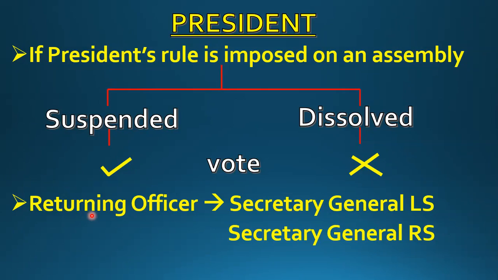And in state legislative assembly elections, SDM is the returning officer. So the DM is the officer in charge of conducting the entire election in his constituency. Similarly, in legislative assembly elections, the SDM is the officer in charge of conducting elections in their constituency.